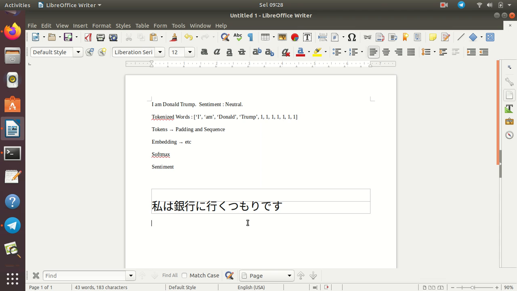Per character. But if you do per character, then you miss the meaning of ginko, the meaning of bank.